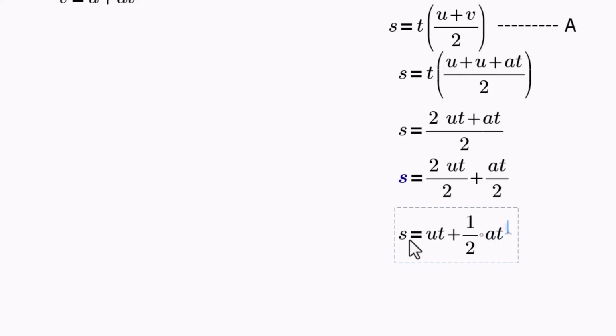Sorry, I missed something in this place. Remember, when we open this bracket, T will multiply 2U, that is 2UT, then T will also multiply AT. So there's supposed to be a square in this place. Don't forget that. So this is the second equation of motion. Very, very important.